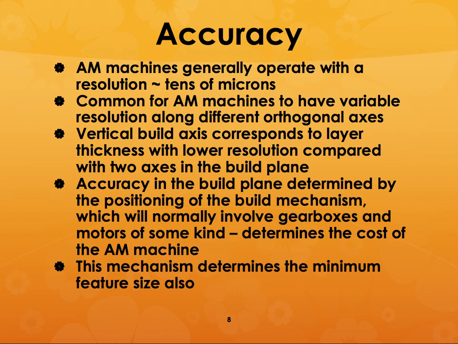The accuracy in the build plane is going to be controlled by how well you can position the nozzle, or the mechanism by which you are introducing the material onto the build plane. It will normally involve stepper motors and gearboxes and things like that, and that will control the cost of the additive manufacturing machine.